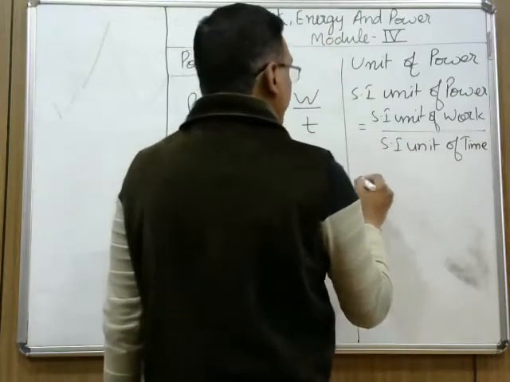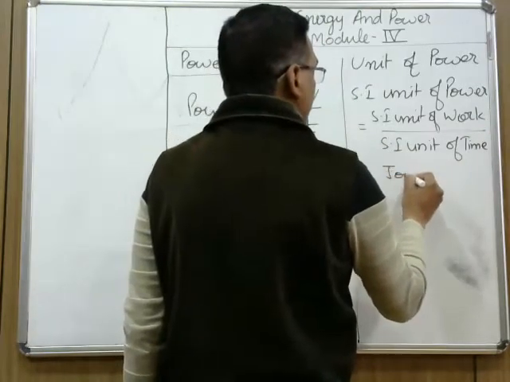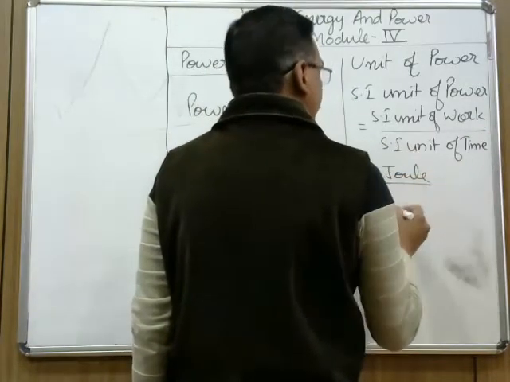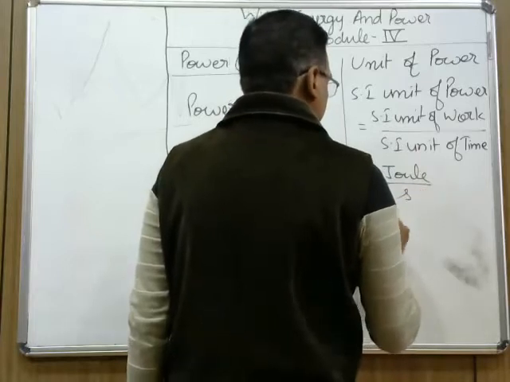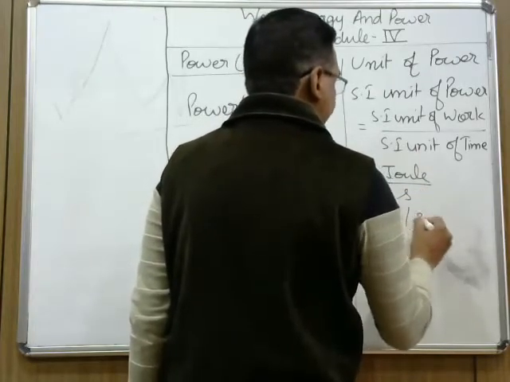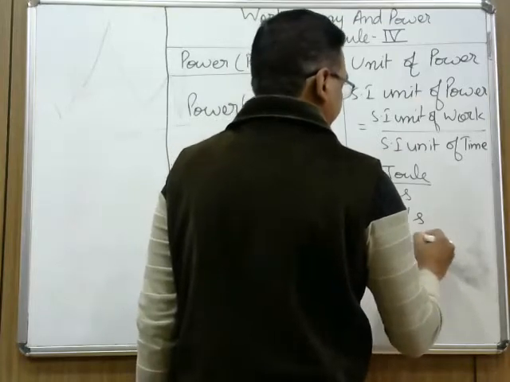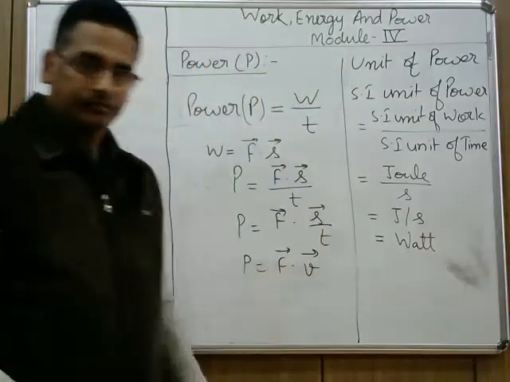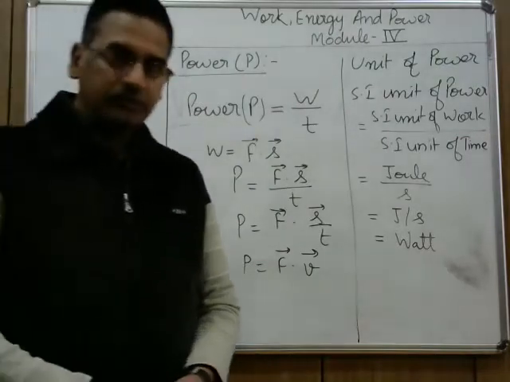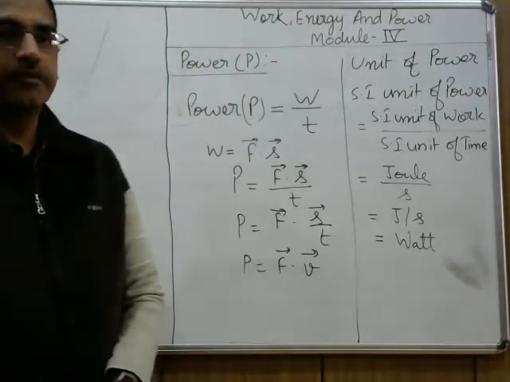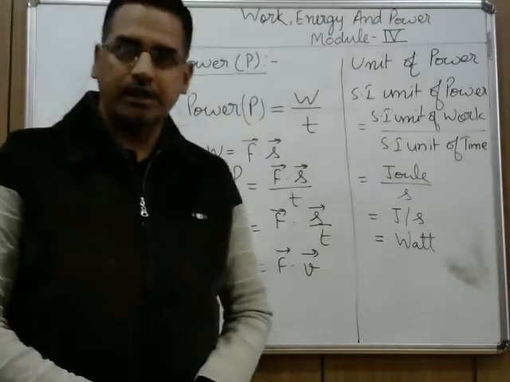Now, SI unit of work is joule and SI unit of time is second. So this is joule upon second, which is also known as watt. So, SI unit of power is watt.